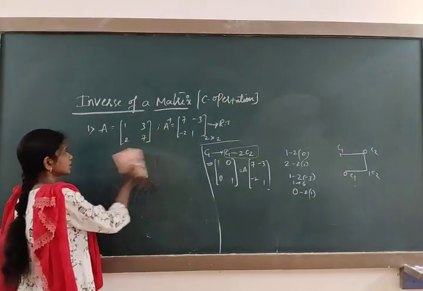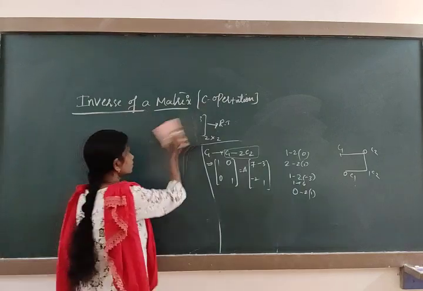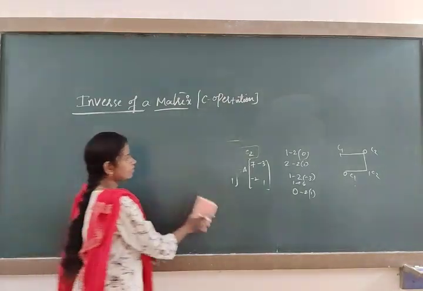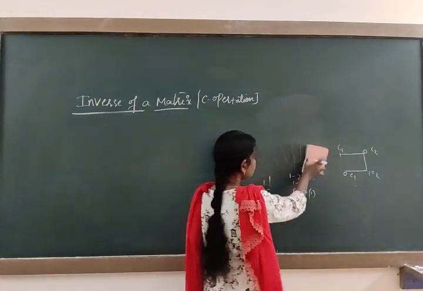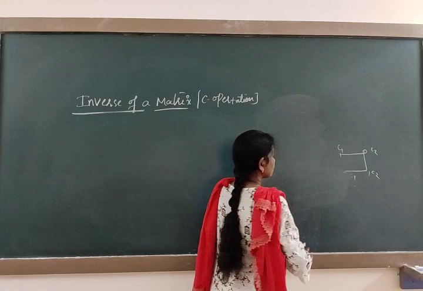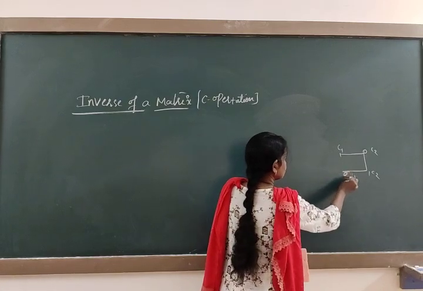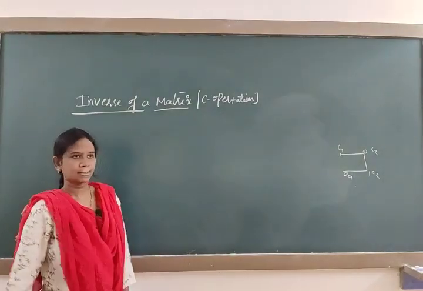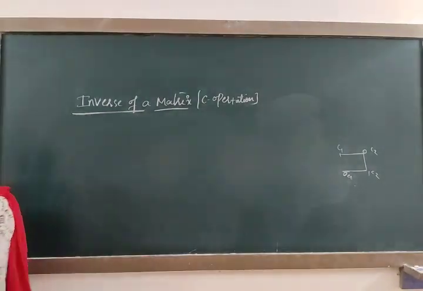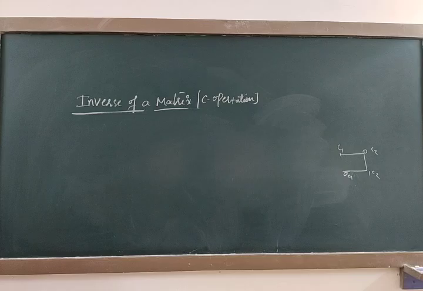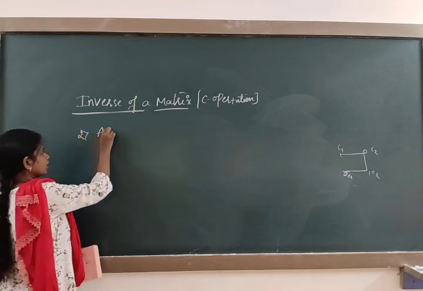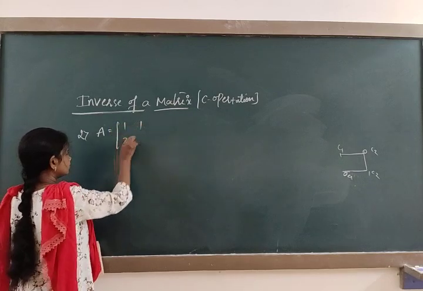Now, similarly, the second problem we took in the last session, the same question I will write, and we will move with the column transformation. Last class we took the problem for A is equal to 1 1 3 4.